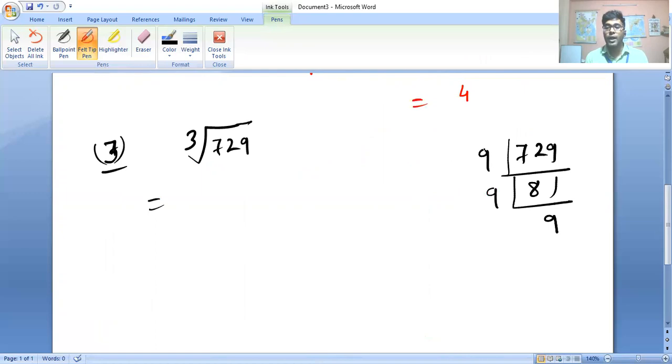Now you are wondering why I have not done factorization with the smallest factor 3, and why I have started with 9. Because seeing the number, I can easily say that 9 comes. So it's basically practice. If you have enough practice, then you would know for sure.